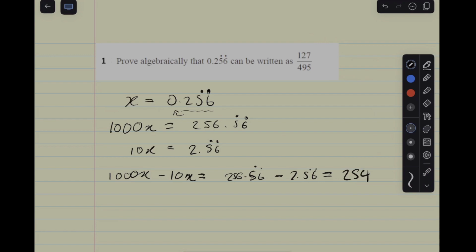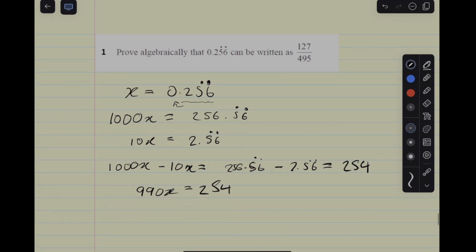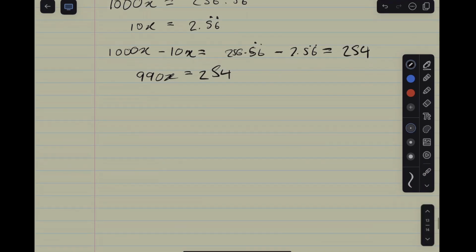That means that 990x equals 254. This means that x equals 254 over 990.